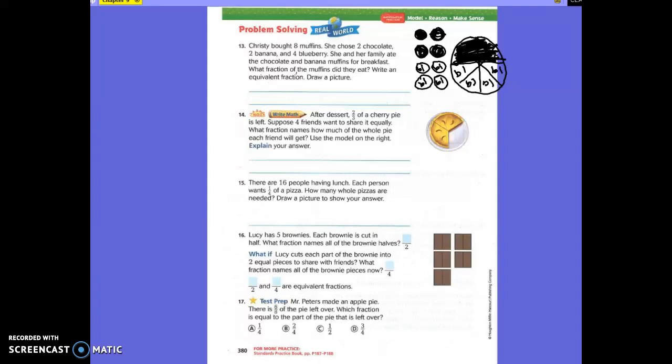So our bottom number is going to be what, guys? 8, because it's split into 8, or because there are 8 muffins. And then our numerator is usually what is shaded, which in this case is what they ate. And so the answer is 4. So what fraction of the muffins did they eat? They ate 4/8 of the muffins.